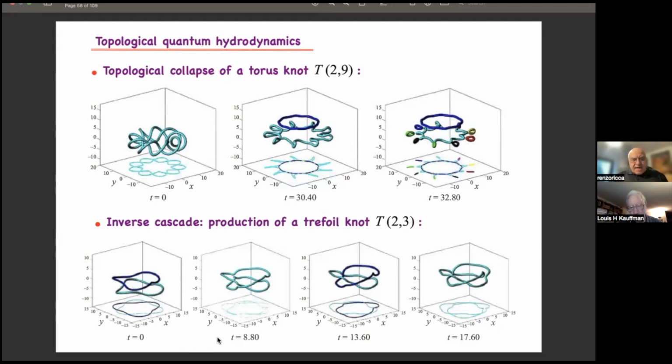And then as time progresses, there is a first reconnection where one long loop is formed, evidenced by the color, and then a secondary reconnection occurring where a Hopf link is formed, and then a third reconnection where a trefoil knot is formed.